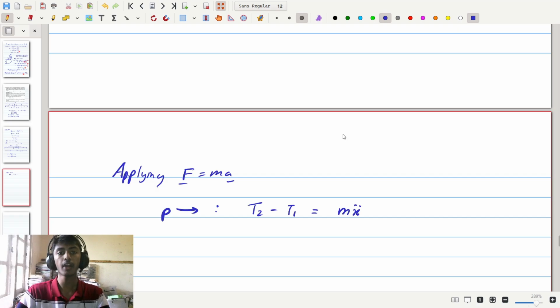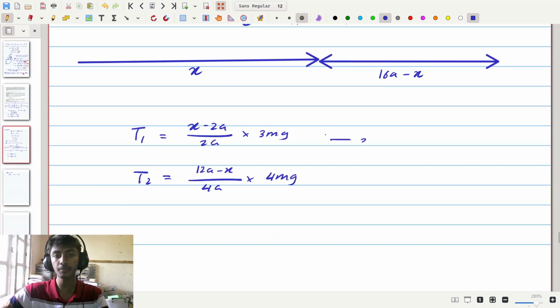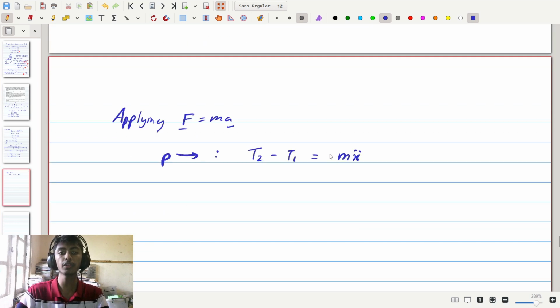Now I'm going to call this equation over here 4, I'm going to call this equation over here 5, and we're going to call this equation over here, let's say 6.